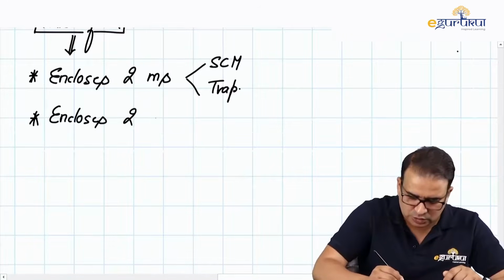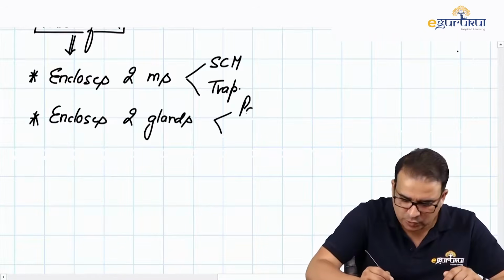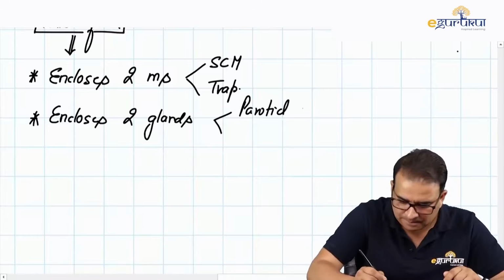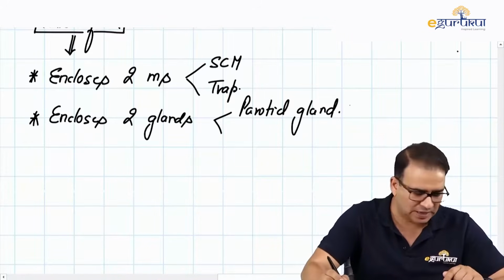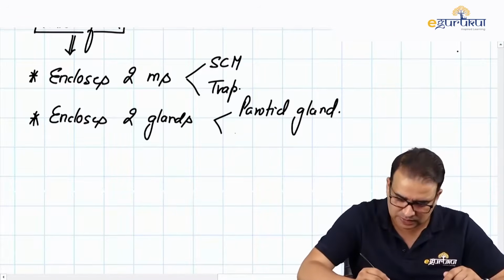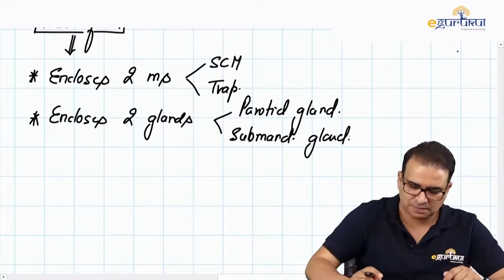It encloses two glands. Which two glands? One is the parotid gland. We said the face is devoid of deep fascia except the parotid region. So one is the parotid gland and the other one is the submandibular gland. Parotid and submandibular.